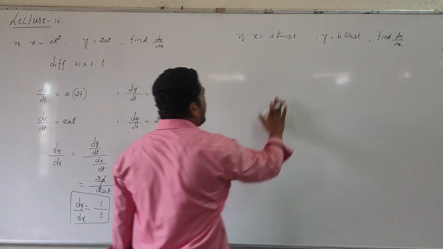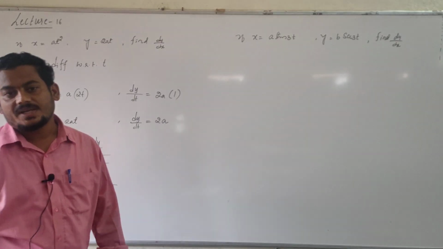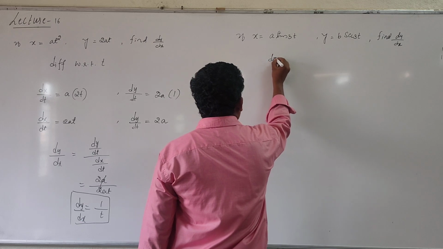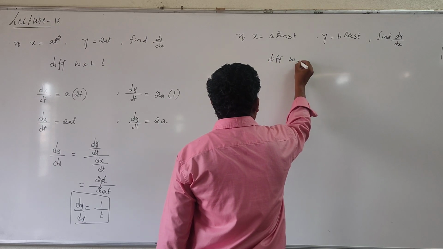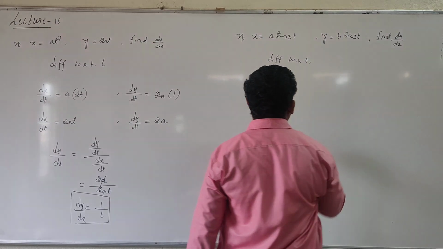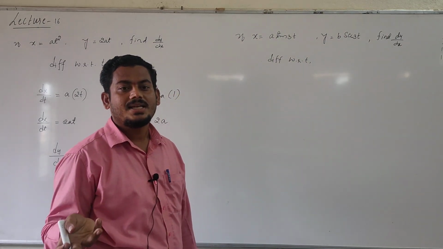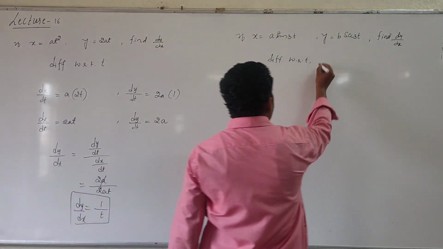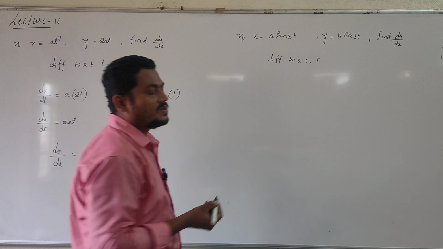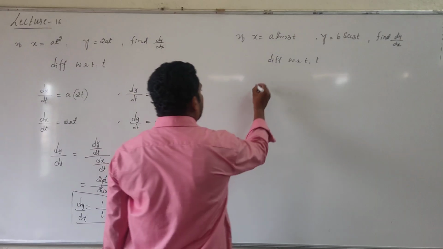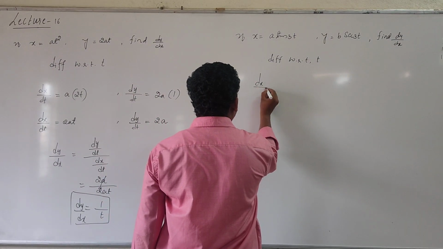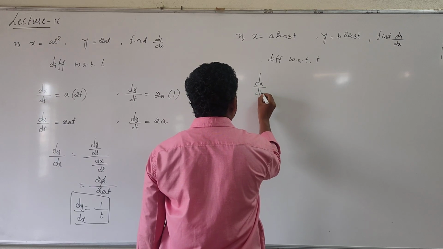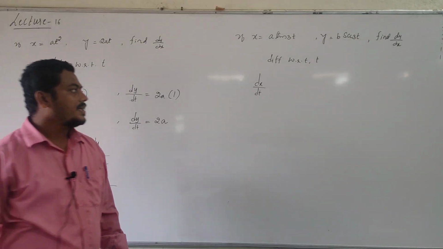Differentiate x with respect to t and y with respect to t, right? In this case, differentiate with respect to which variable? With respect to theta or t. Clearly it is given in terms of t, so with respect to t only. Then dx by dt.